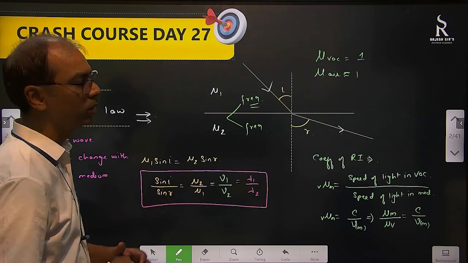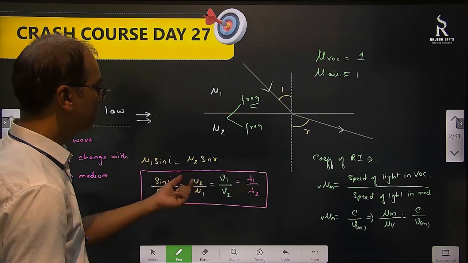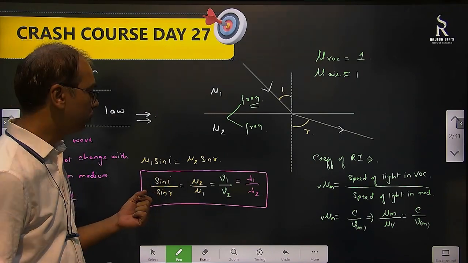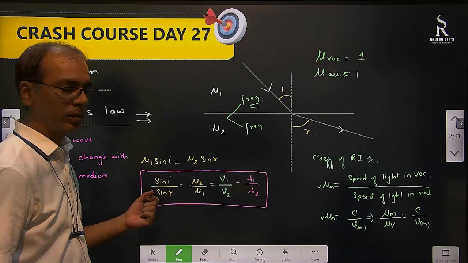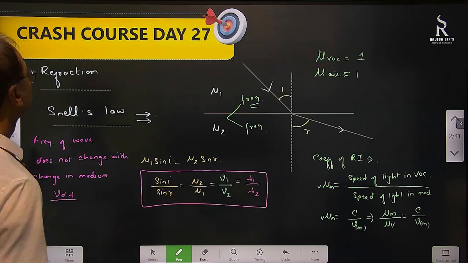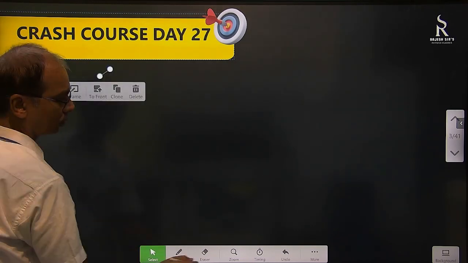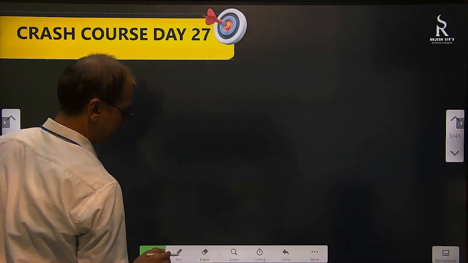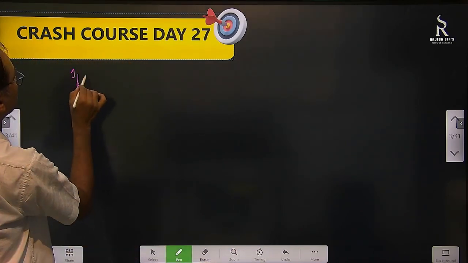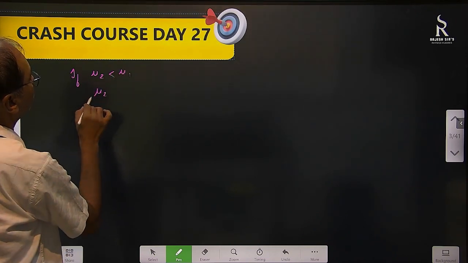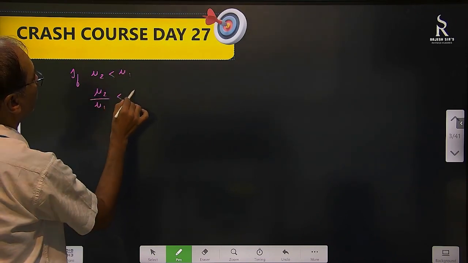Suppose mu 2 by mu 1 is less than 1, so mu 2 is smaller than mu 1. What will happen in that case? Let's see. If mu 2 is smaller than mu 1, that means mu 2 by mu 1 is less than 1.